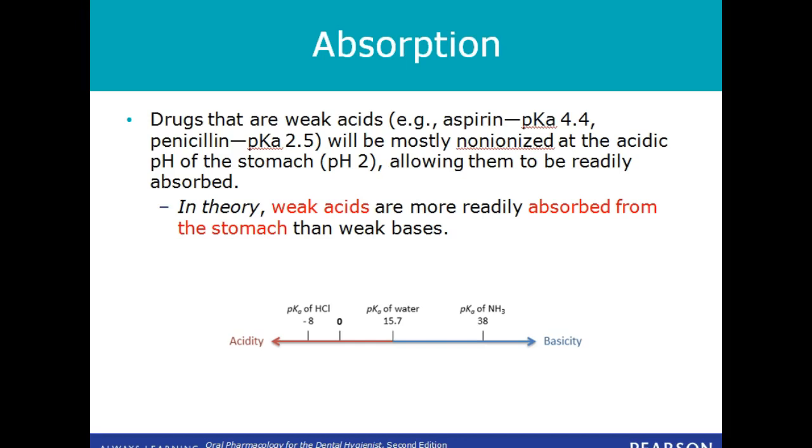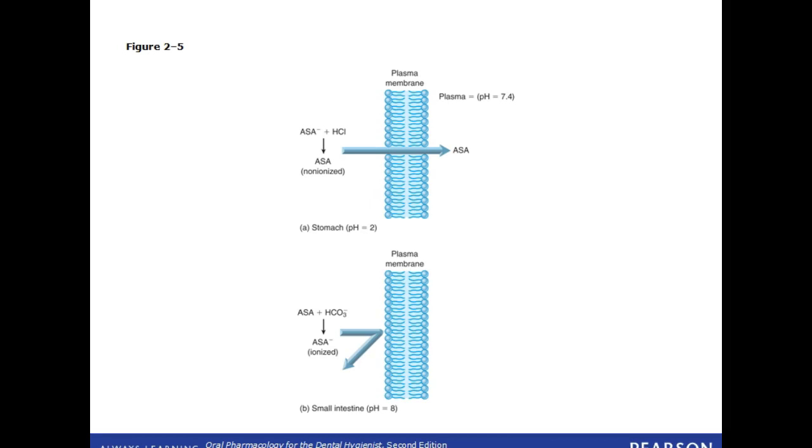Drugs that are weak acids will be mostly non-ionized at the acidic pH of the stomach, allowing them to be readily absorbed. In theory, weak acids are more readily absorbed from the stomach than weak bases. Figure 2-5 shows the effect of pH on drug absorption.